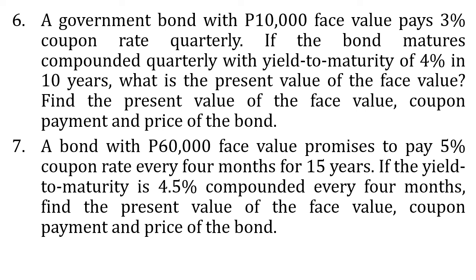Number 7, a bond with 60,000 face value promises to pay 5% coupon rate every 4 months for 15 years. If the yield to maturity is 4.5% compounded every 4 months, find the present value of the face value, coupon payment, and price of the bond.